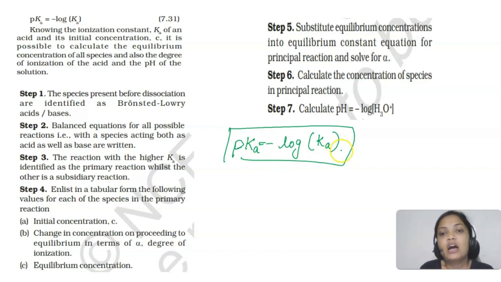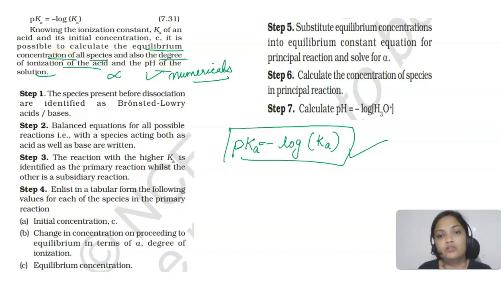So if we know the ionization constant of the acid and the initial concentration, it is possible to calculate the equilibrium concentration of all species, the degree of ionization also, and pH also. Now this is the thing where the numericals will be asked from. They can ask you anything. They can ask you about the equilibrium concentration, they can ask you about the degree of ionization, that is alpha, or they can ask you about the pH of the solution also.